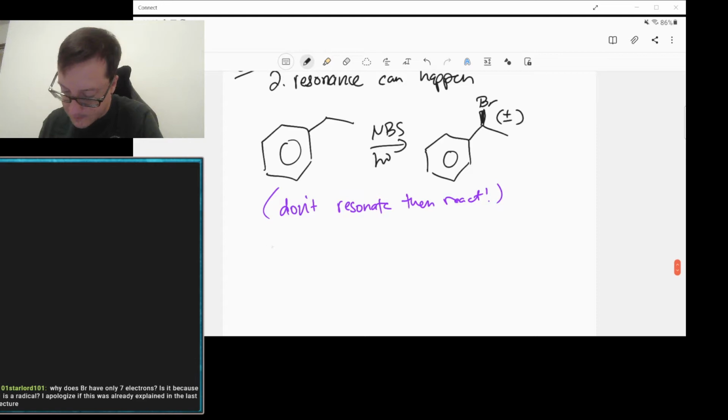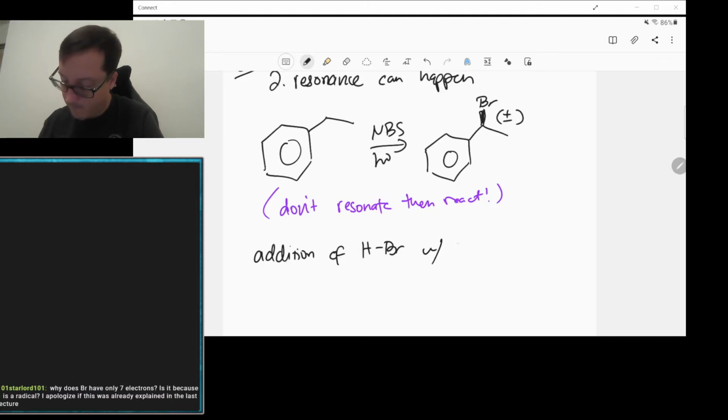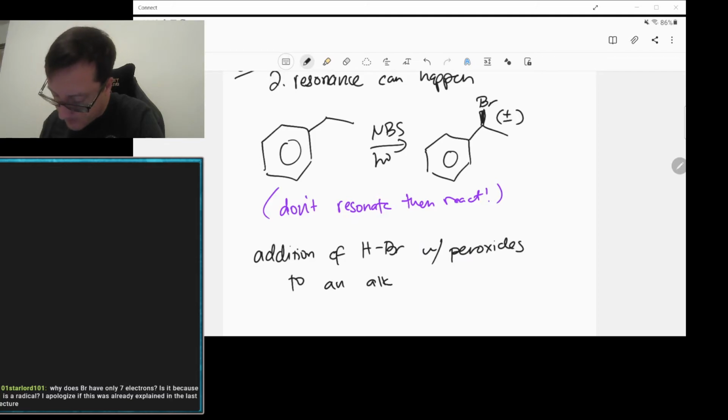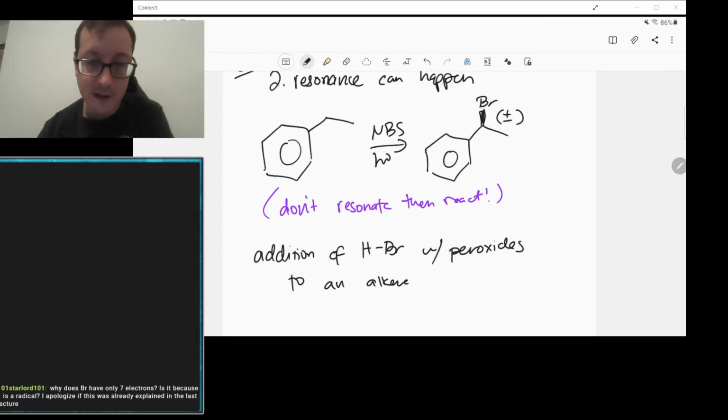All right, and the last one is addition. It's going to be a pi addition. So we're adding to a pi bond. And since we're about to cover alkenes, I figured I'll just cover this one now while we're still on the radical idea.